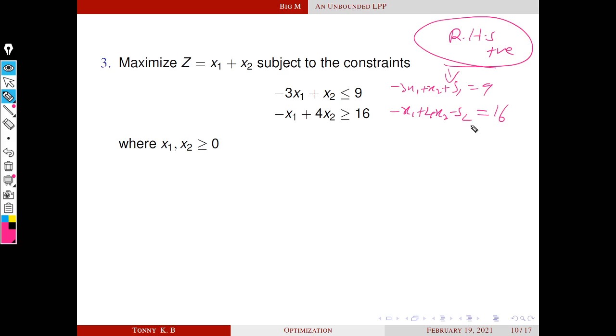We can't use x2 because x2 is involved in the second constraint. So the column corresponding to x2 is actually 1, 4. If there were no such term for x2, then x2 could take the role of the slack variable. But there is another problem: this is an inequality, so we have to introduce a new variable to compensate this less than or equal to constraint.